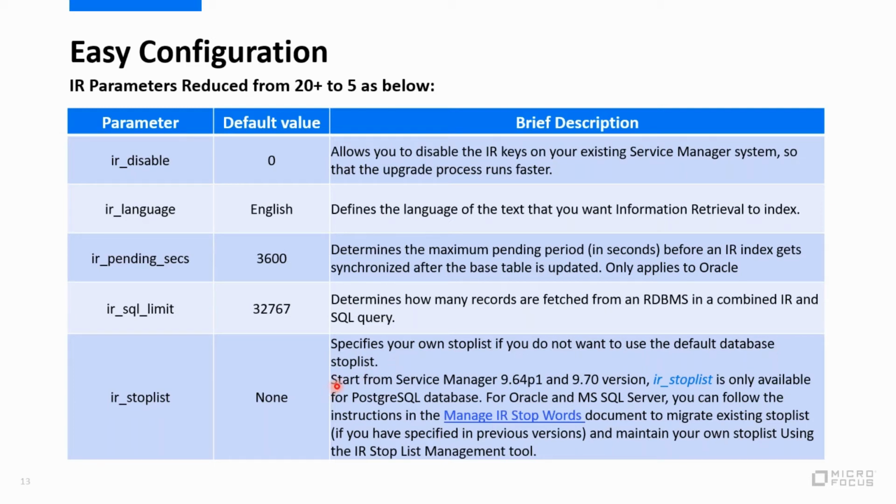But starting from Service Manager 9.64 patch 1 and the 9.70 version, because Oracle and SQL Server already use a GUI to manage the IR stop word, we do not require you to set this IR stop list parameter. But for PostgreSQL, since we still use the stop list in the PostgreSQL database, the IR stop list is still required.